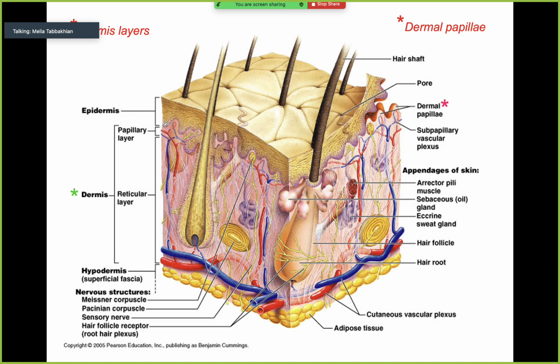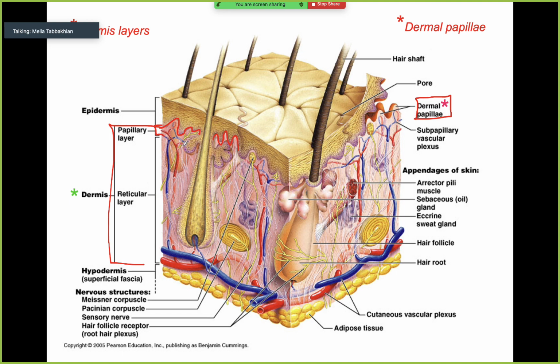Just that tidbit where you see all those ridges that we have, those are called dermal papillae. Those are the ridges that I was talking about that push the epidermis and create your fingerprints.